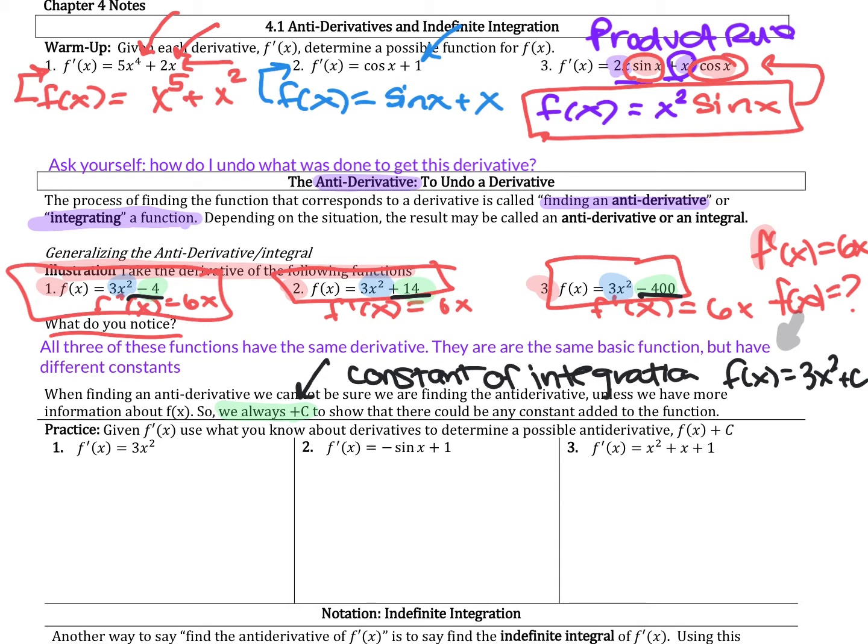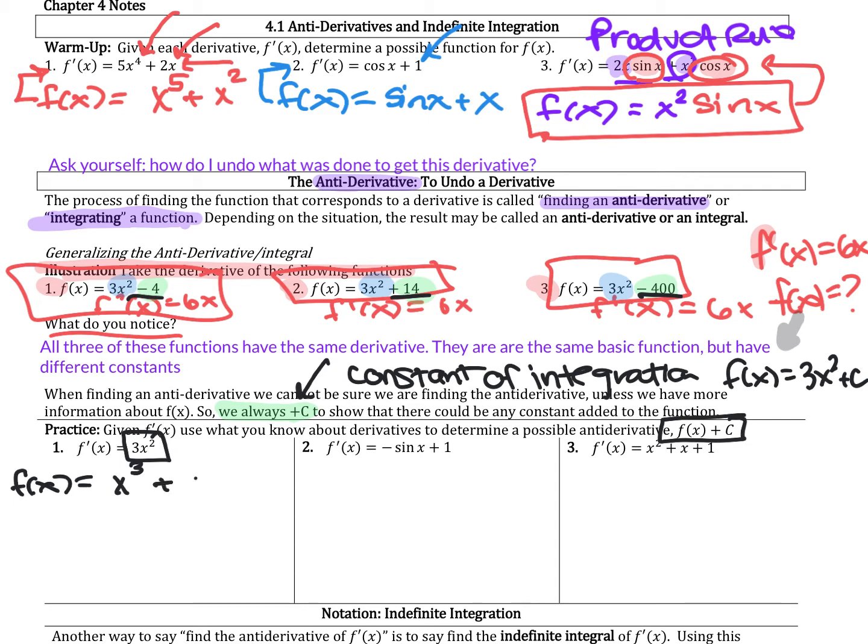So let's look at some practice problems. Given a derivative, use what we know about derivatives to try and work backwards to find the antiderivative f of x plus c. So again, when I'm thinking about 3x squared, I'm thinking that originally that exponent would be 1 more, which would be x to the 3rd.